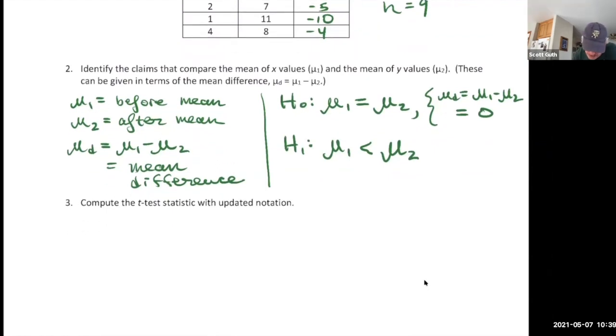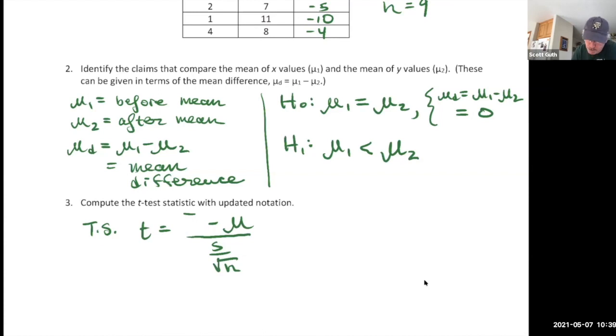Now, our test statistic, pretty straightforward. Before we would do x bar minus mu over s divided by the square root of n, and that is the test statistic. But notationally, we're doing a test on differences.